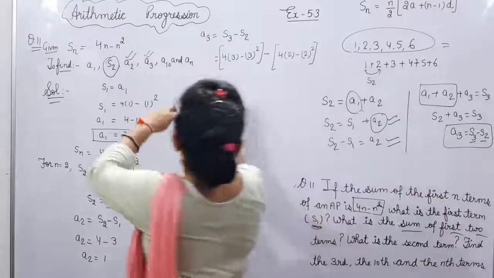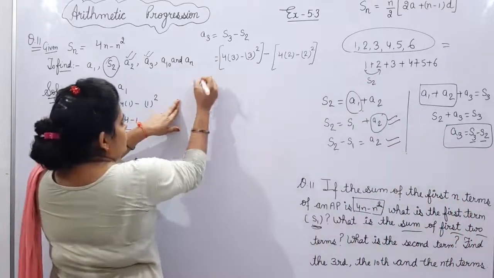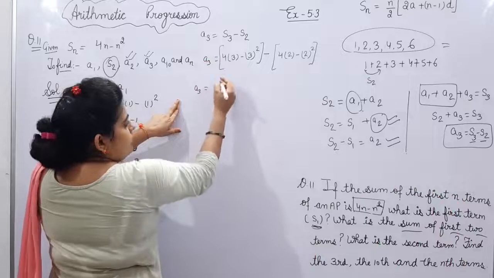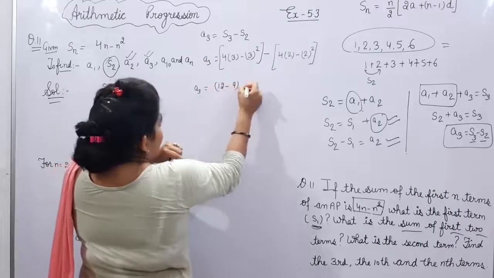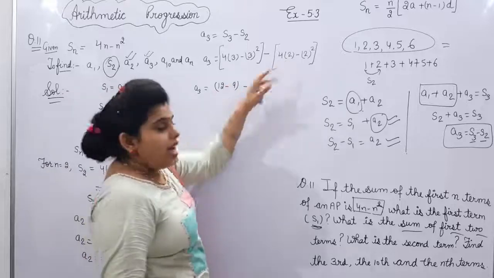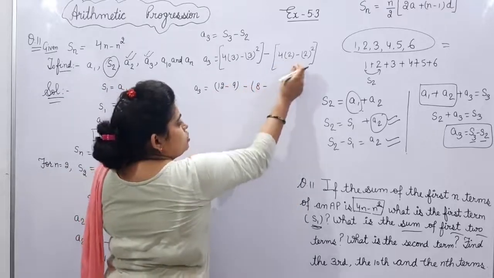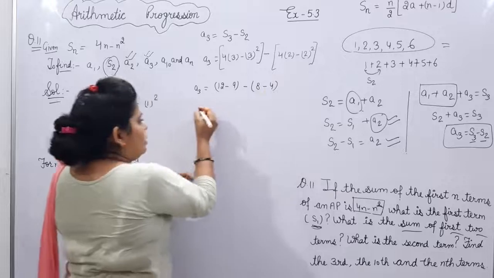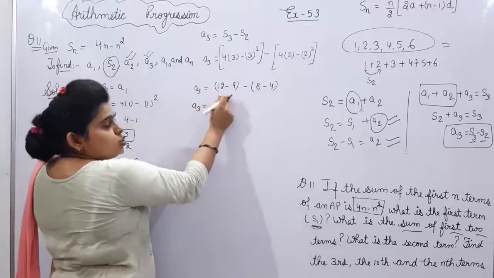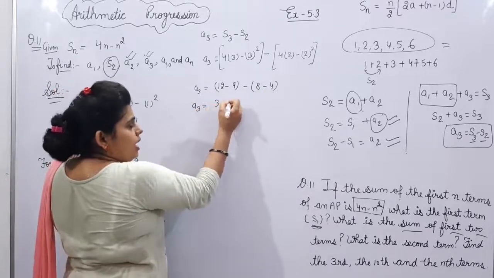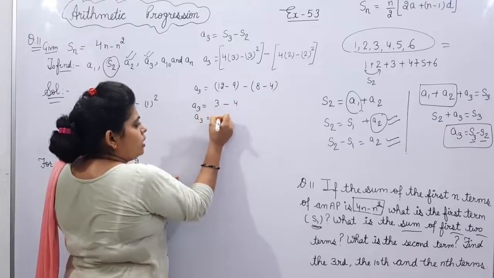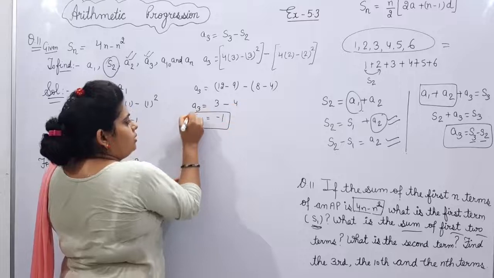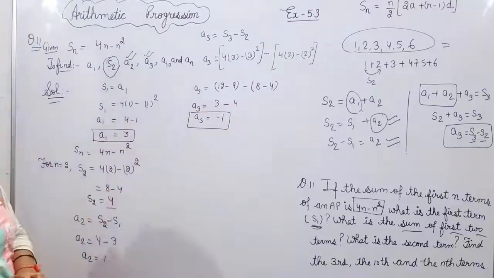Now from here, this A3 is equal to 4 3s are 12 minus 3 square 9, minus 4 2s are 8 minus 2 square 4. A3 is equal to 12 minus 9 is 3, minus 8 minus 4 is 4. A3 is equal to minus 1. This is the third term of the AP.